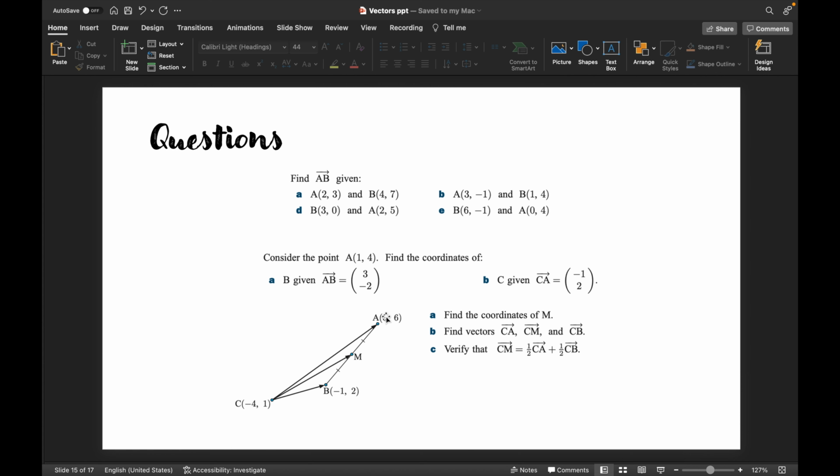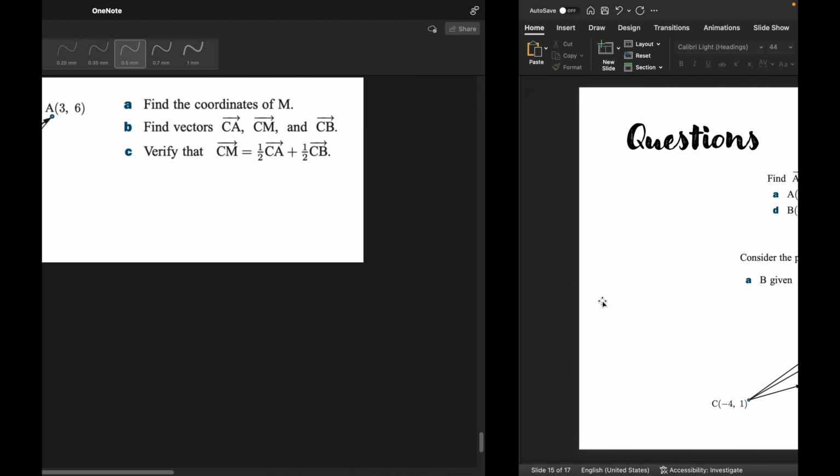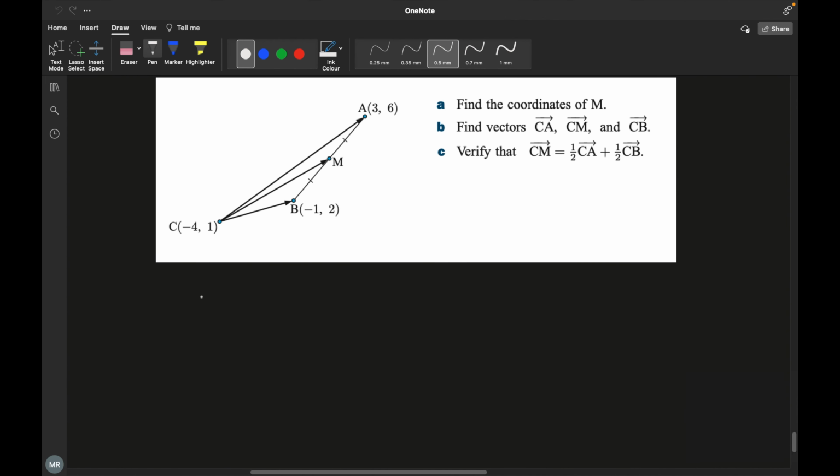You just have to add the x coordinates and divide by 2 and do the same for the y ones. So for M, we do 3 minus 1 divided by 2. That's 2 divided by 2, which is 1. And for the y coordinate, 6 plus 2 divided by 2, which is 4. So the coordinate of M is 1, comma 4.